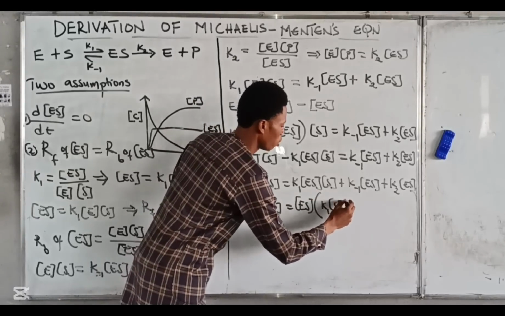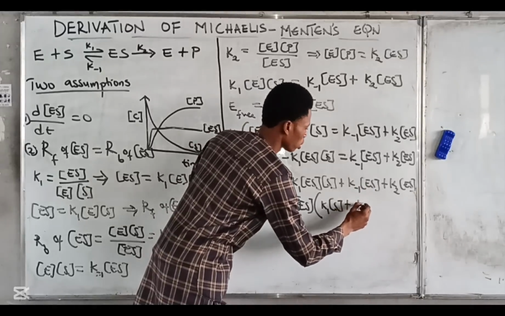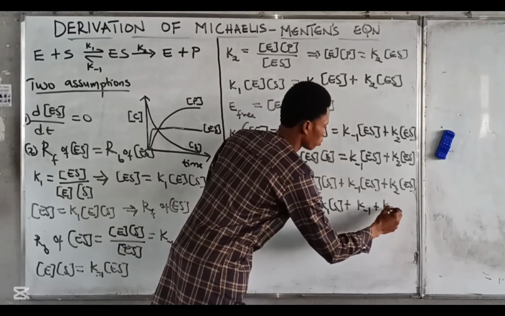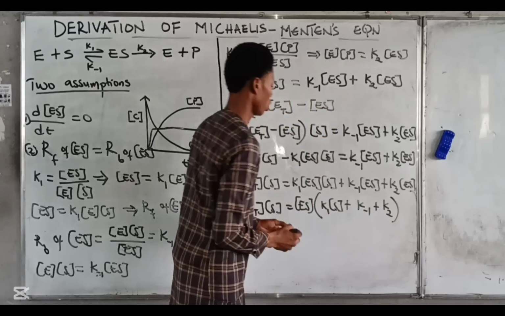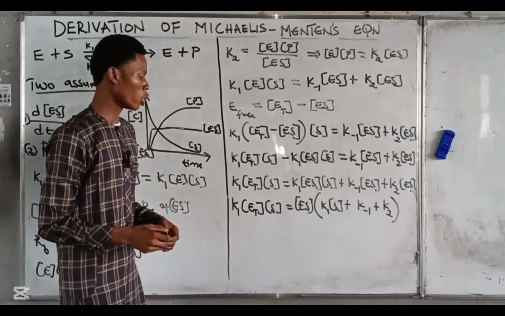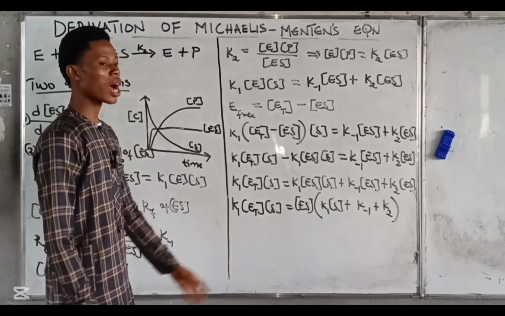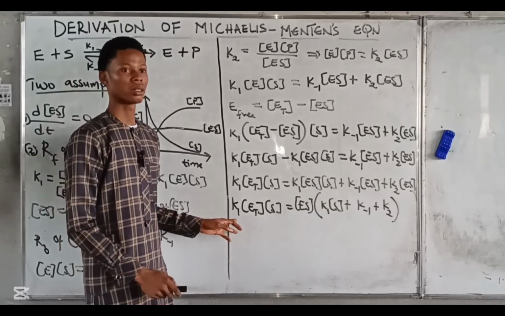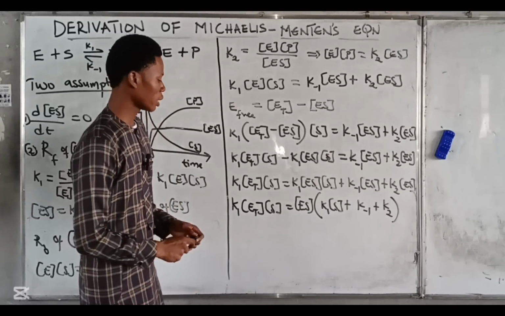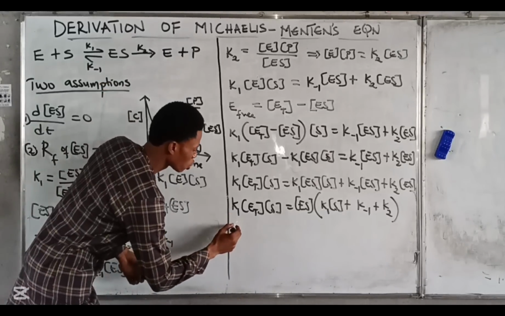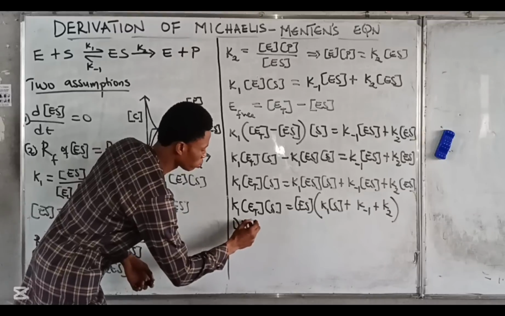K1 S plus, what will I be having here? K minus 1 plus what? K2. Now, the next thing you have to do from here is divide throughout by K1. The next step now, we said divide throughout by what? K1. So you divide through by K1.